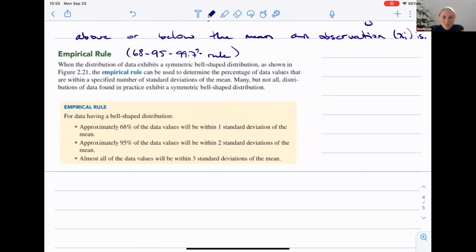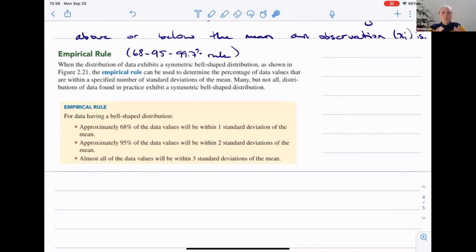Now, the empirical rule says that roughly, and it sounds silly to have such an exact percentage for a rough approximation, but it works. Roughly 68% of our data is within 1 standard deviation of the mean. So if you go down 1 standard deviation and up 1 standard deviation from the mean, you've captured the central 68% of the data. That's a lot of data.